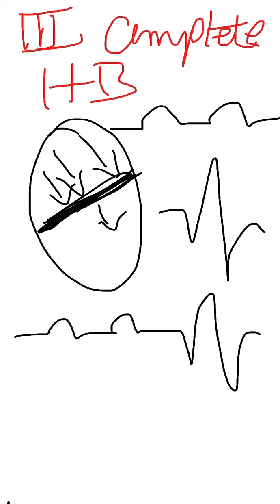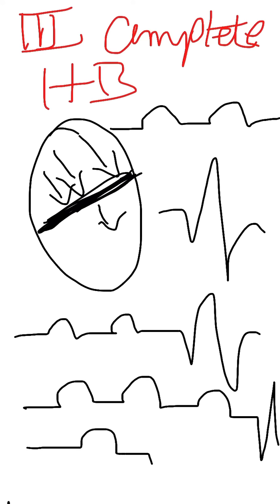Actually, it could be 2 P waves, it could be 3 P waves and then a Q, or it could be a P wave and then a Q, and then just like that. So there's no synchronization. You can't really find a pattern, because one is operating in its own rhythm and the other one also is operating in another rhythm.